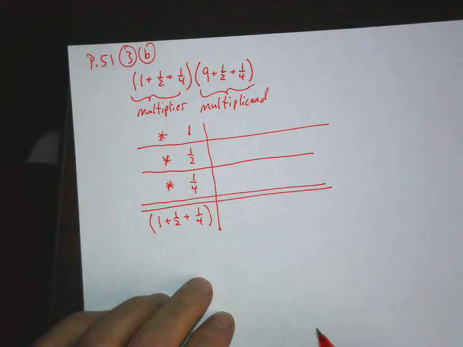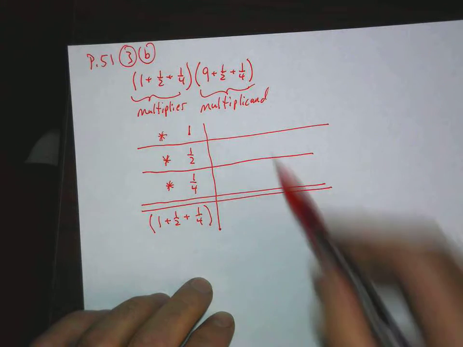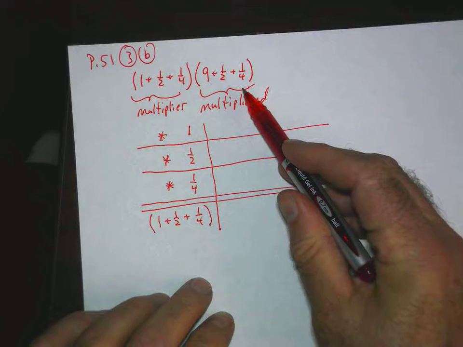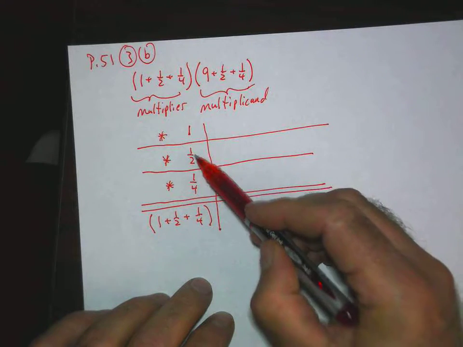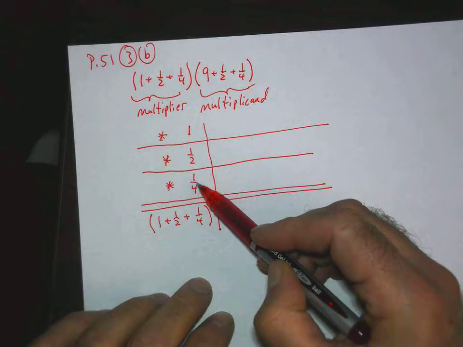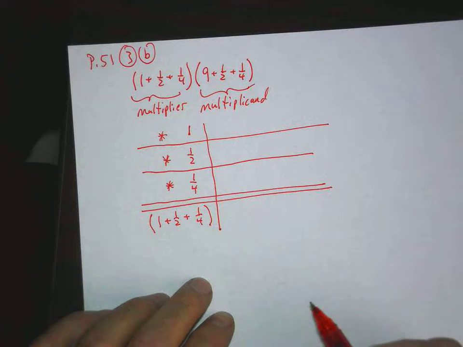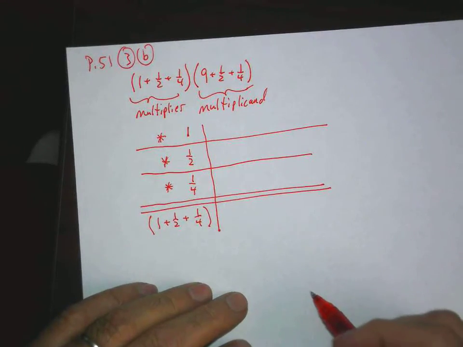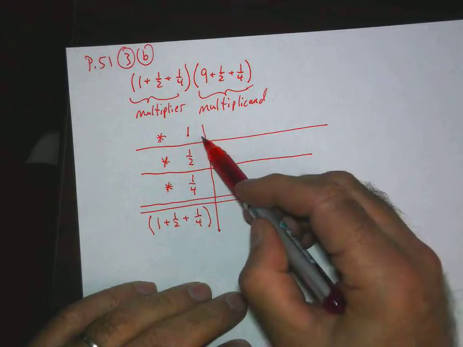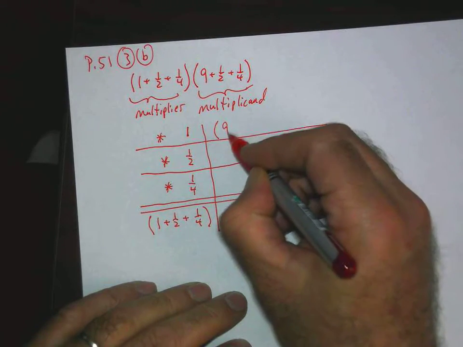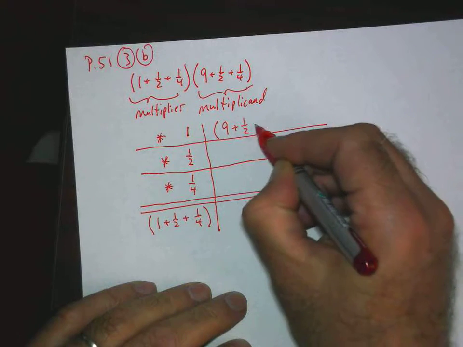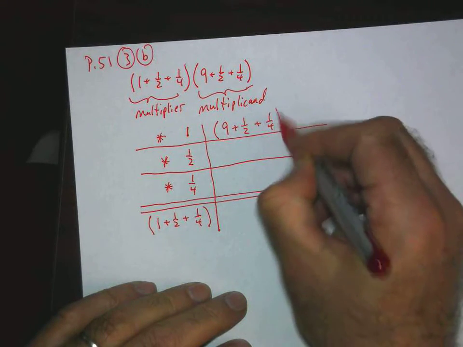Now our final step is to multiply the multiplicand by each of these powers of 2 whose sum yields the multiplier. So we multiply the multiplicand by 1, 9 plus 1/2 plus 1/4.